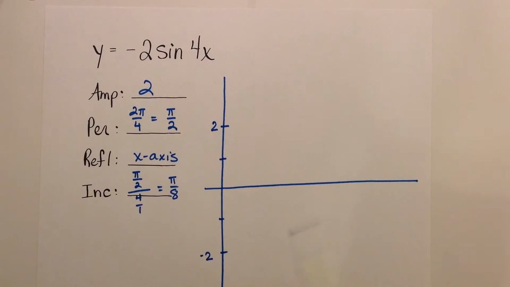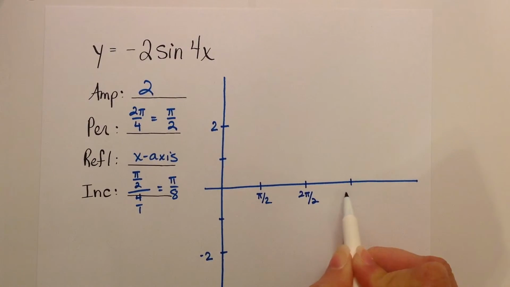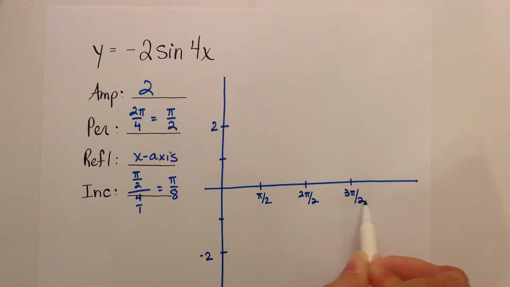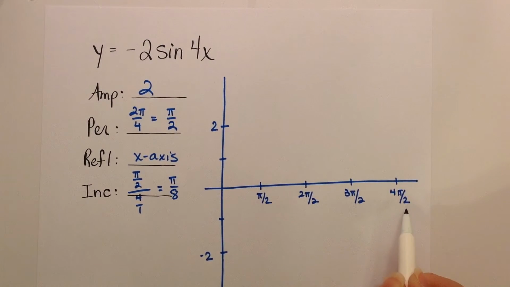So again, we're starting at 0, so I go a distance of pi over 2. And now I add another pi over 2, and then another pi over 2, and another pi over 2. So if I reduce 4 pi over 2, then that's going to give me... okay, I added the wrong thing.